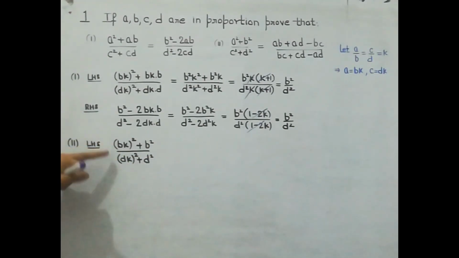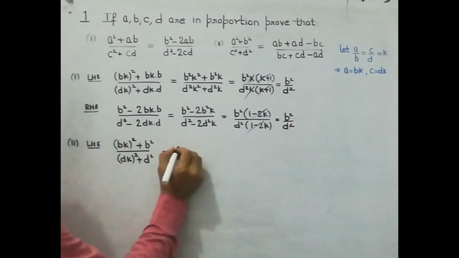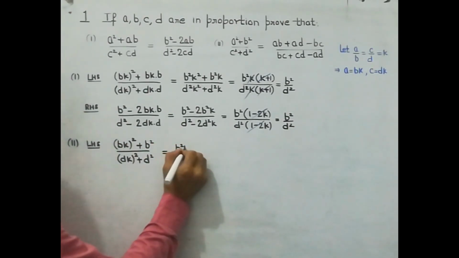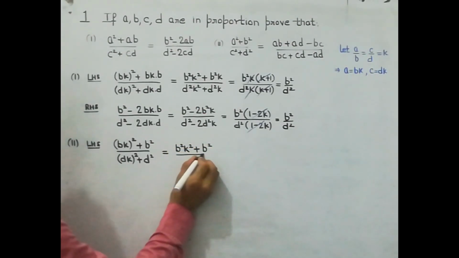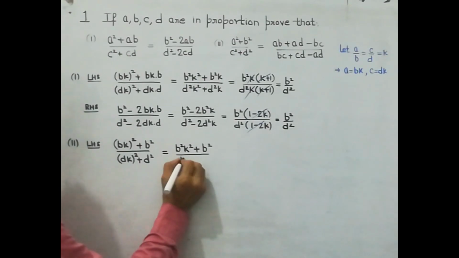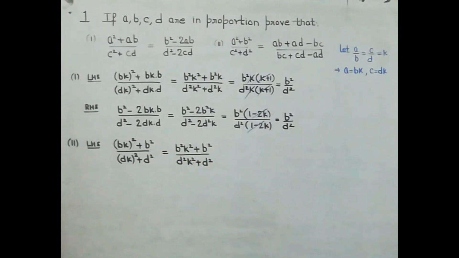We have replaced A and C. So this will give you B square K square plus B square upon B square K square plus D square.